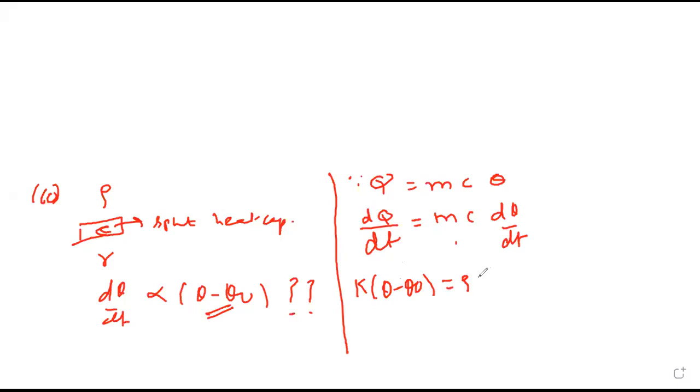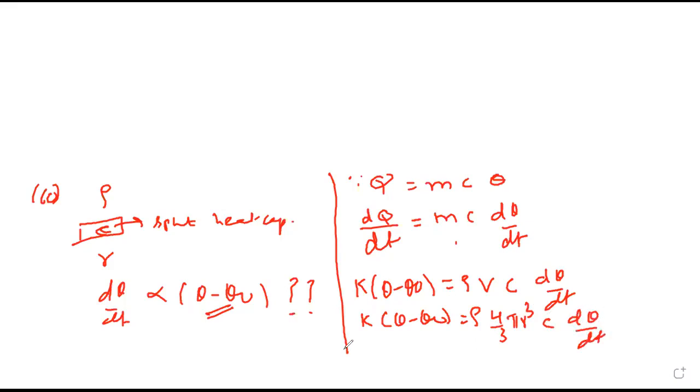Mass is density into volume. So K into (theta minus theta 0) equals density into volume of the sphere, 4 by 3 pi r cube, into C into d theta by dt.